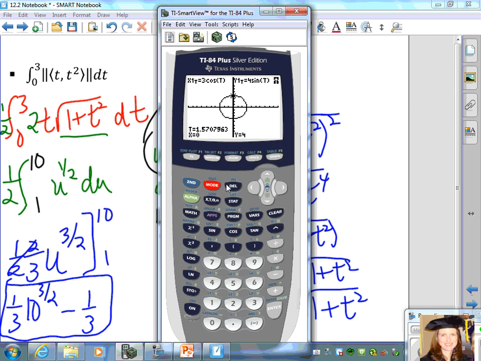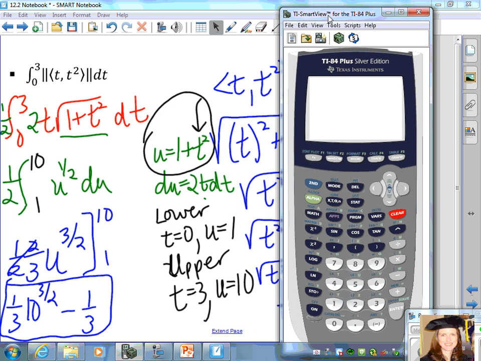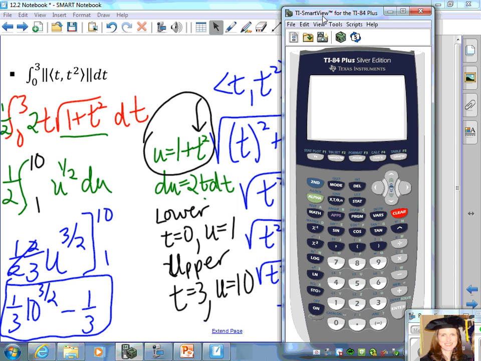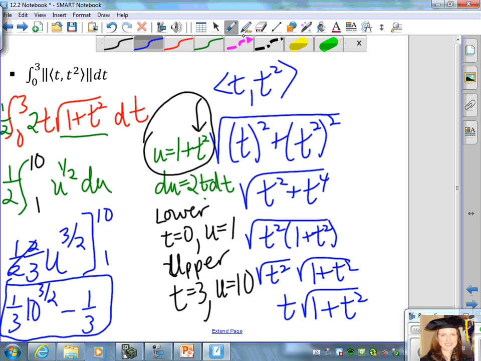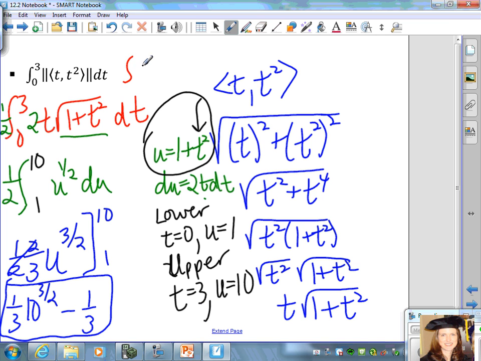I'm going to quit out of the graph, make sure you have a nice clear screen, and integrate the original definite integral, the integral from 0 to 3 of t times the square root of 1 plus t squared dt. This is what I'm going to put in my calculator.